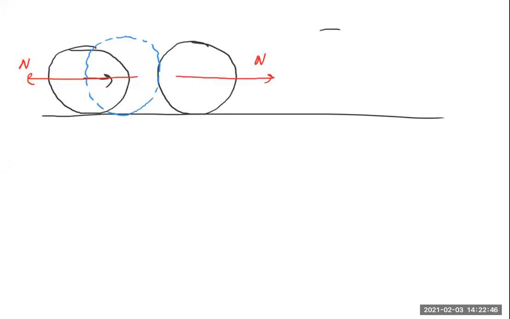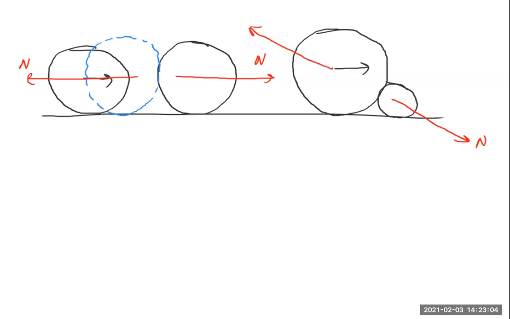We can also say that this ball is moving with some velocity v, and this time it is striking a ball which is smaller in radius. So in this case, this smaller ball will experience a normal reaction like this, and this larger ball will experience a normal reaction like this, right?